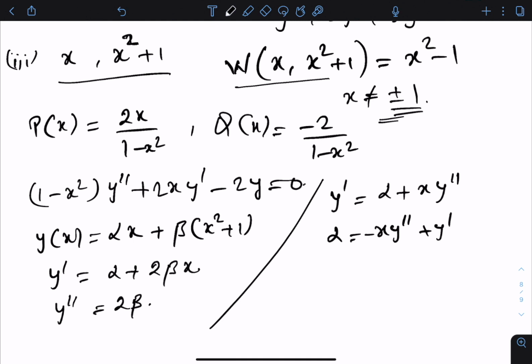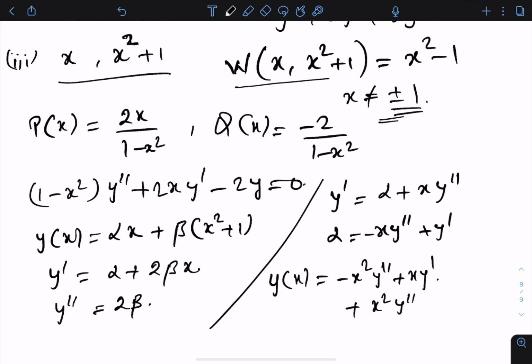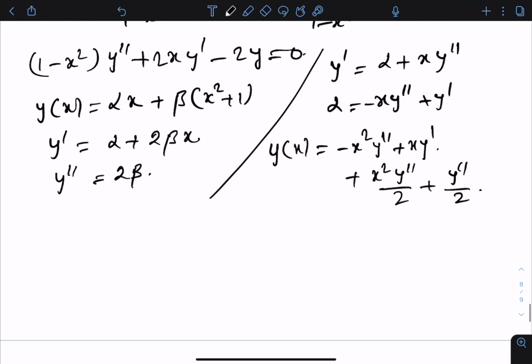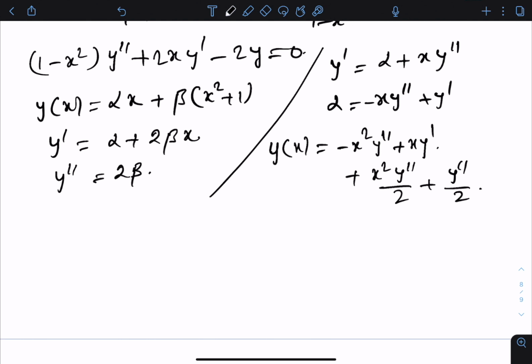That's your alpha and beta. So your y will be minus x square y double prime by 2 plus x y prime, and then plus y prime by 2.